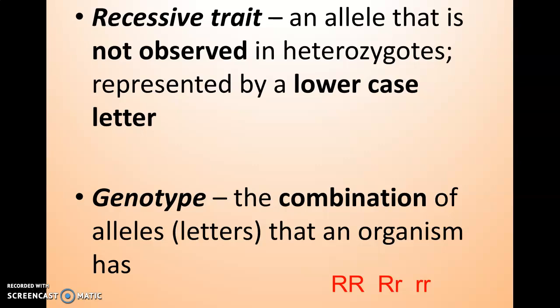The lowercase r, lowercase r right over here is homozygous recessive because they're the same type of letter, and they're lowercase, which is recessive. This in the middle here, capital R, lowercase r, would be a heterozygous genotype because it has two different forms of the alleles, one capital, one lowercase.